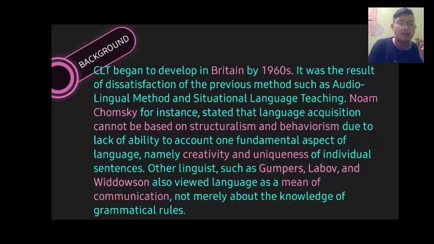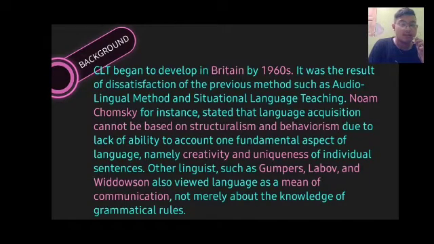The second one is background. CLT began to develop in Britain by 1960. It was the result of dissatisfaction on the previous methods such as audio lingual method and situational language teaching.